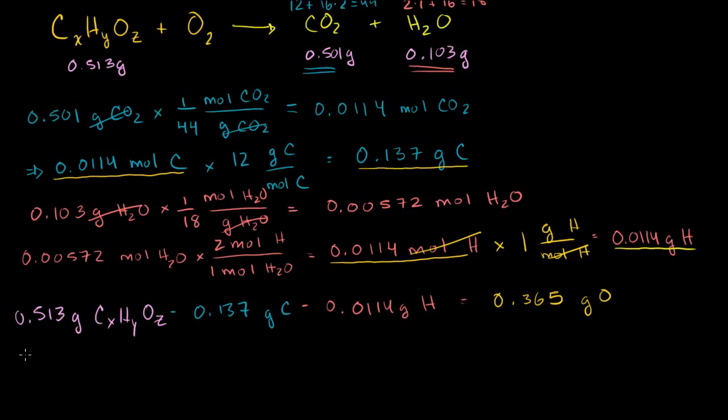So let's figure out how many moles this is. This mystery acid has 0.365 grams of oxygen. We want to convert that to moles. So times, we want moles of oxygen in the numerator, grams of oxygen in the denominator, so they cancel. And we know the molar mass for oxygen is 16 grams per mole, right? The 16 has to match up with the grams. So this tells us that we have 0.365 divided by 16.